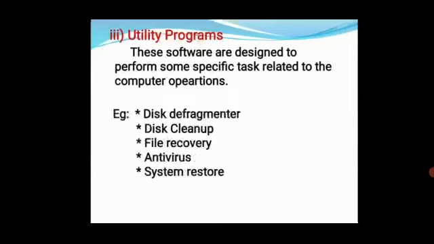For what purpose are we using it? It is designed to perform some specific type of task, that means some computer operations. It is mainly responsible for the smooth functioning of the computer. Okay.